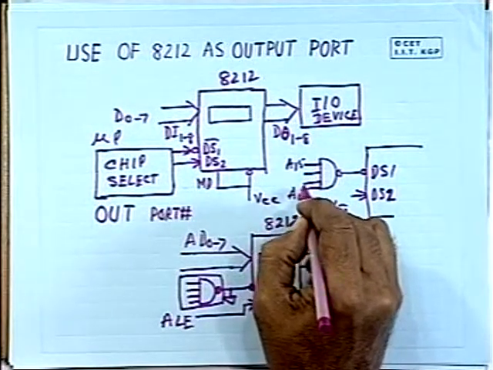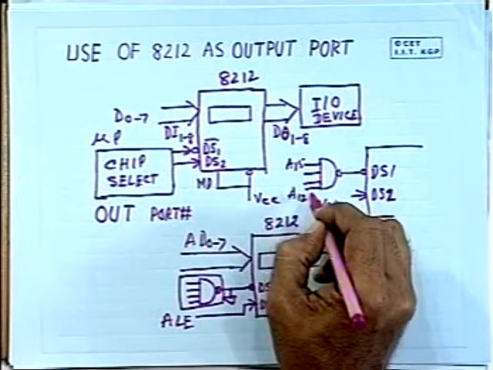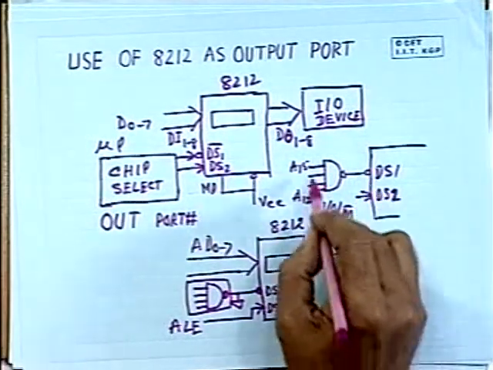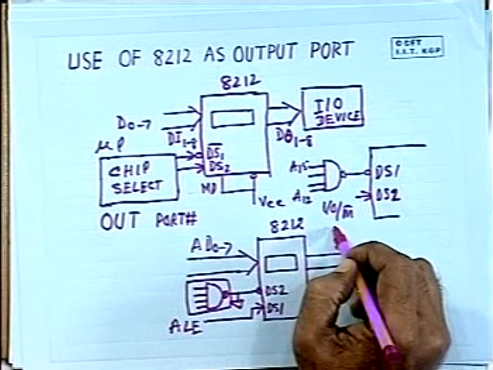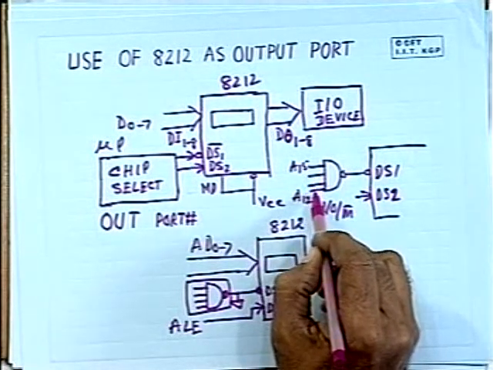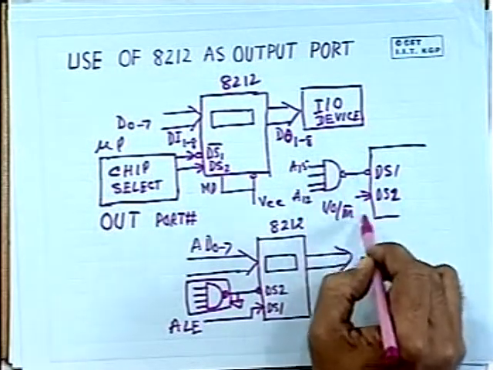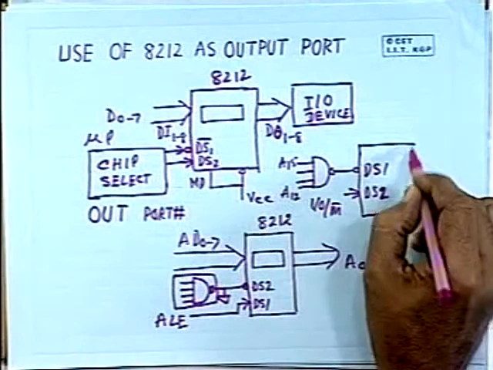So, A12, 13, 14, 15 are connected to this. Whenever these lines are 1, this will make 0. So, whenever you execute an IO instruction with the address values 1, 1, 1, 1 for A15, A14, A13 and A12, then this chip will be selected and data can be latched.